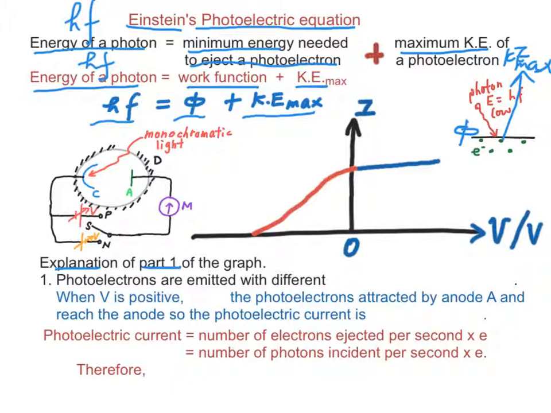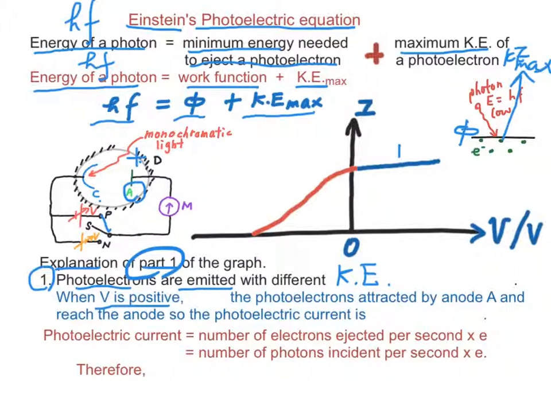Explanation of part 1 of the graph: photoelectrons are emitted with different kinetic energies. When V is positive, that is when the switch S is connected to P, the anode is at a higher potential than the cathode.